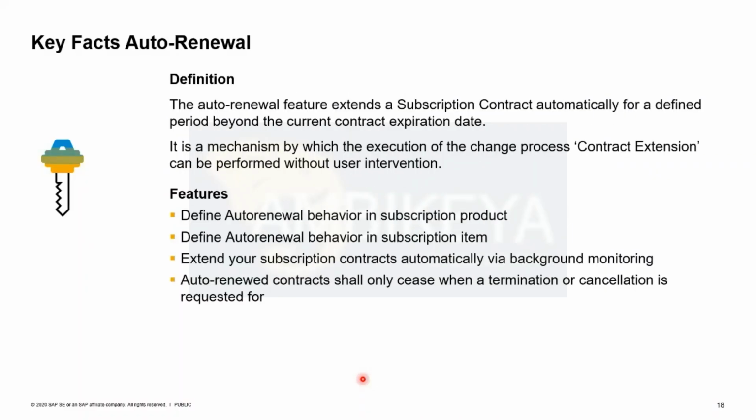Generally when the contract comes to an end, we need to make a decision whether the contract should be extended or terminated. We basically have two types of contracts in SOM. Few are evergreen contracts, and few are contracts which come with a contract end date.